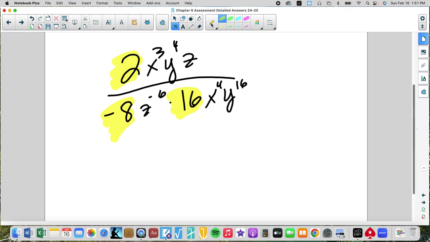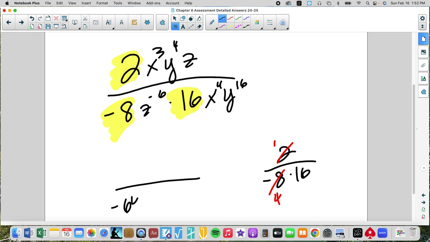Well, if we have 2 over negative 8 times 16, that 2 cancels with that, and then it's gone. So it only cancels once, it can't cancel twice. There's only one 2, and it's multiplication. So you would have 1 over negative 4 times 16, which is 64. Yeah, negative 64. So in the denominator, you're going to get negative 64.